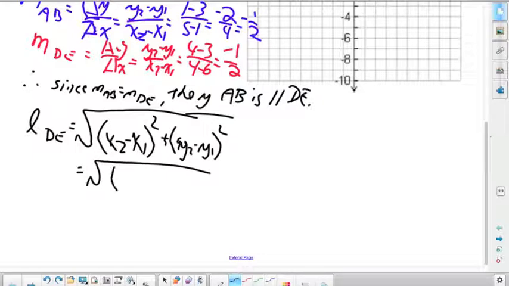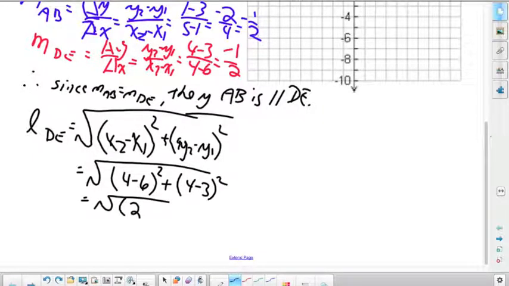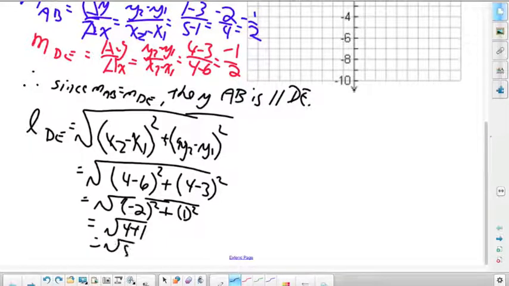So somebody give me the x coordinates again for DE. 4 and 6. So 4 minus 6 squared plus, and y2 was, sorry? 4 minus 3, thank you. So that's equal to square root of negative 2 squared plus 1 squared, which is equal to square root of 4 plus 1, which is equal to square root of 5.